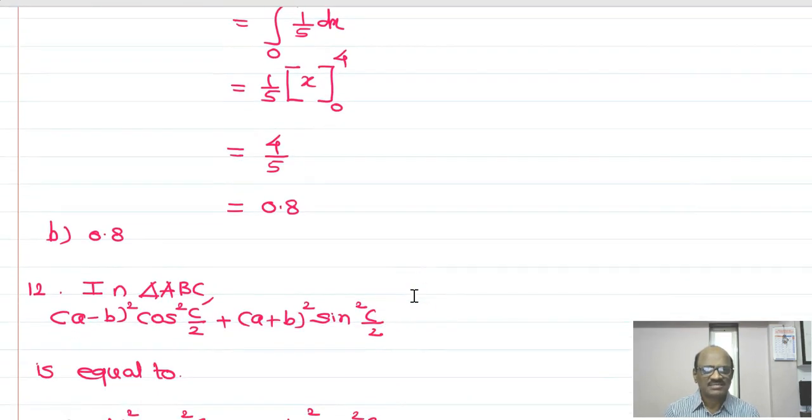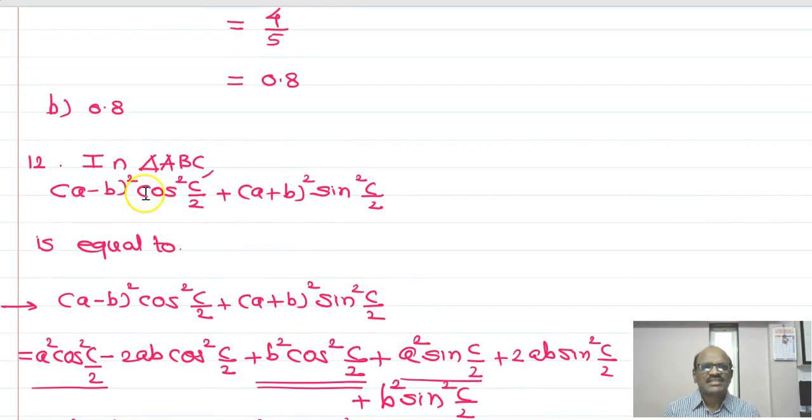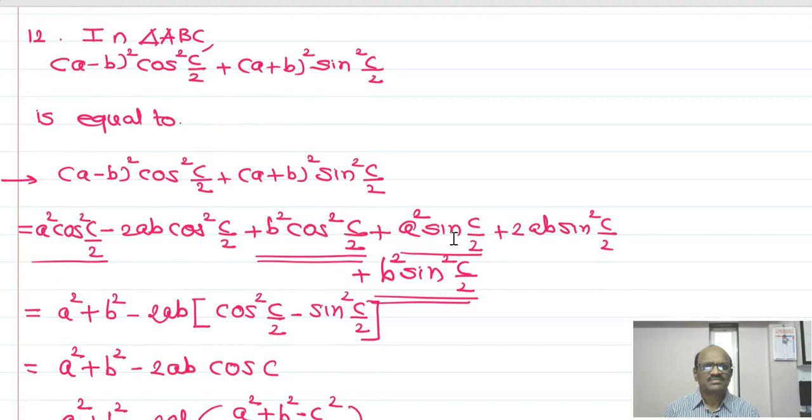The option is correct. The next question: in triangle ABC, (a - b)² cos²(C/2) + (a + b)² sin²(C/2) is equal to? We will solve this.